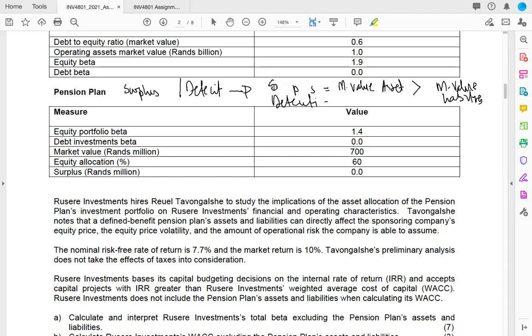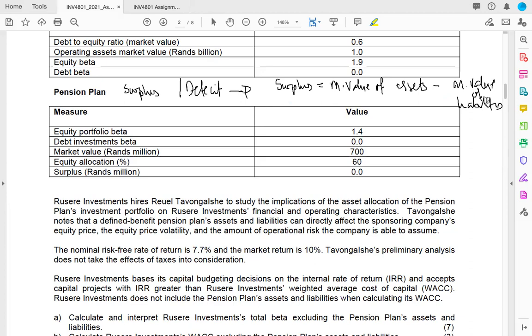actually, I think the best way to look at this is to do this, okay? We can calculate a surplus, right? So we can calculate a surplus by saying the market value of assets minus the market value of liabilities.